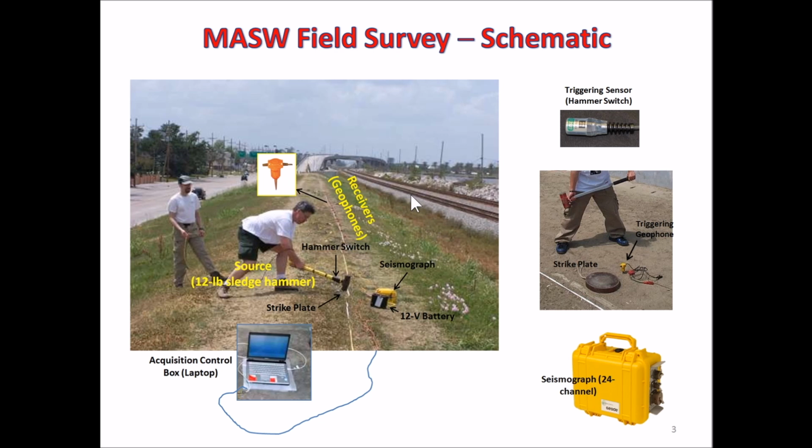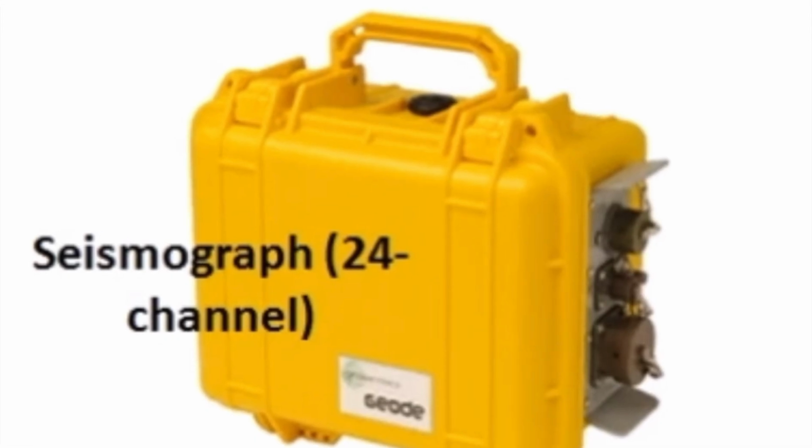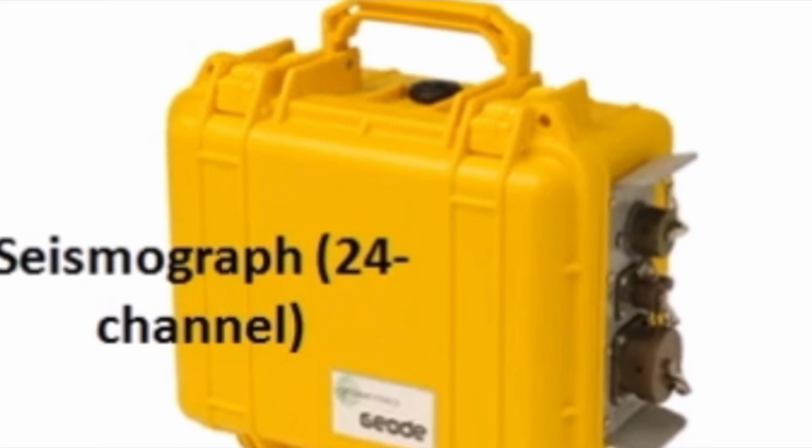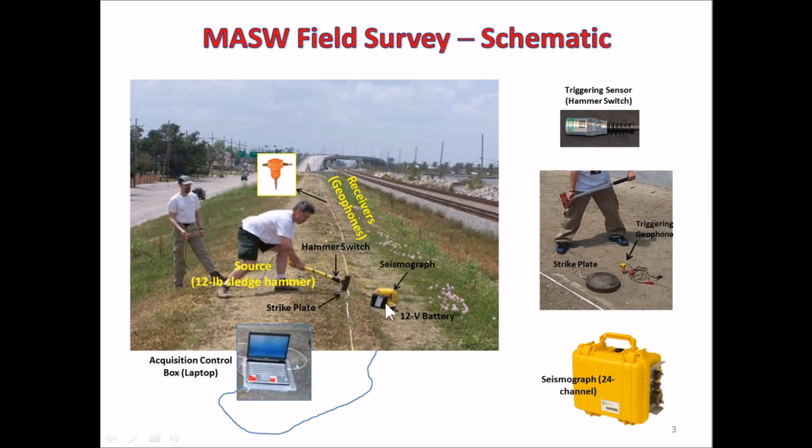Each geophone has plus and minus polarities, and therefore there are 2 wires from each geophone connected into each takeout. So a total of 48 wires are cased within one common seismic cable. And all of them are connected into this device called a multi-channel seismograph. So this is a 24-channel seismograph.